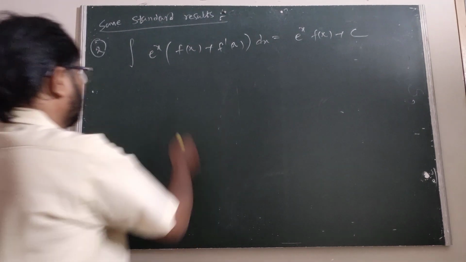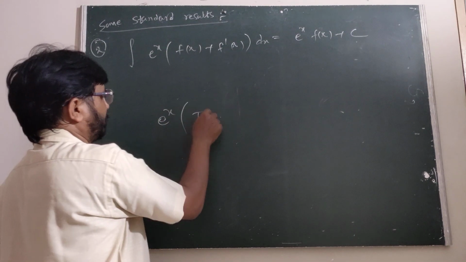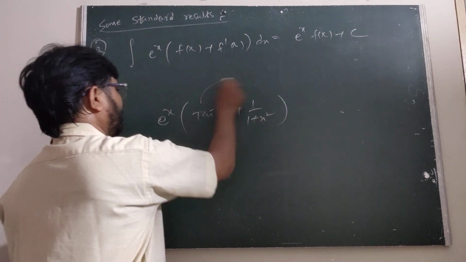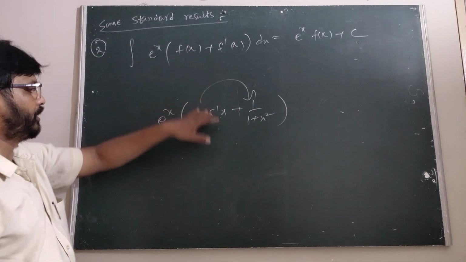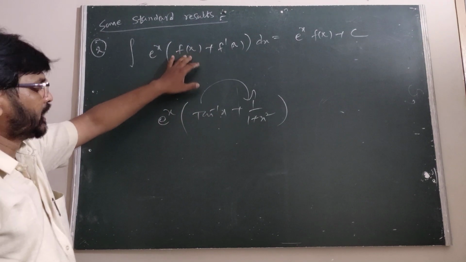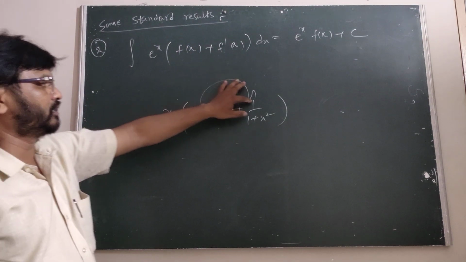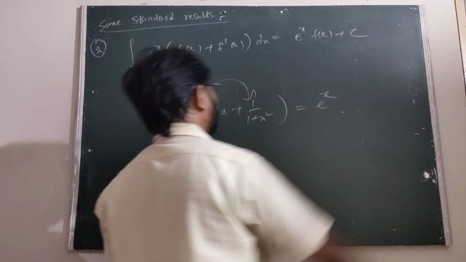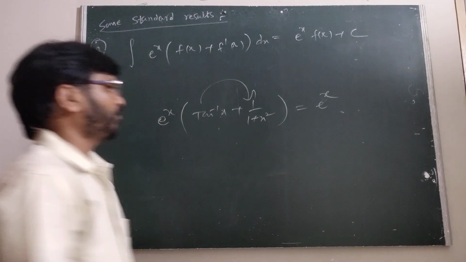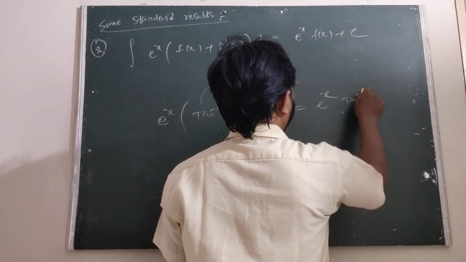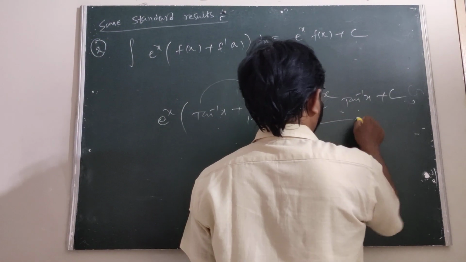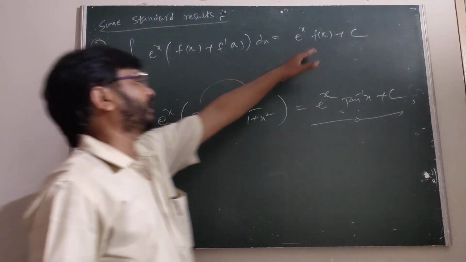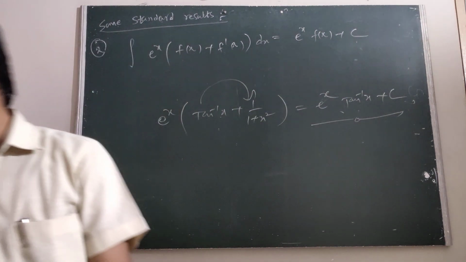Suppose here e power x into tan inverse x: we take tan inverse x as f of x, and the derivative of tan inverse x is 1 upon 1 plus x square. Then we can simply write e power x into f of x, which is tan inverse of x plus c. Is it clear?